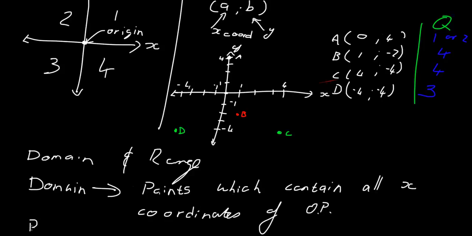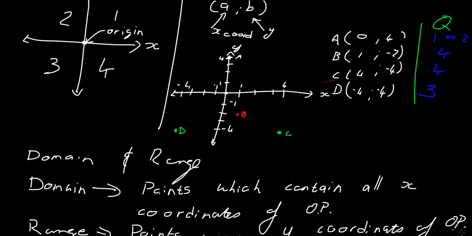And range is the same, except it's the points which contain all the y coordinates of the ordered pairs. Okay, so let's determine the domain and range of these points that we drew here.